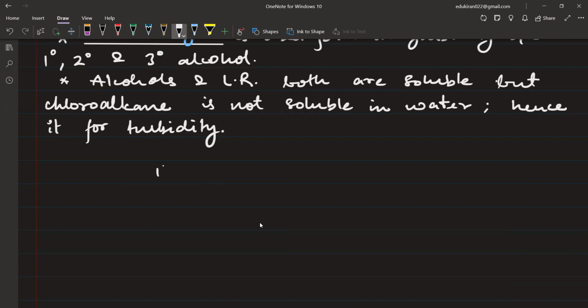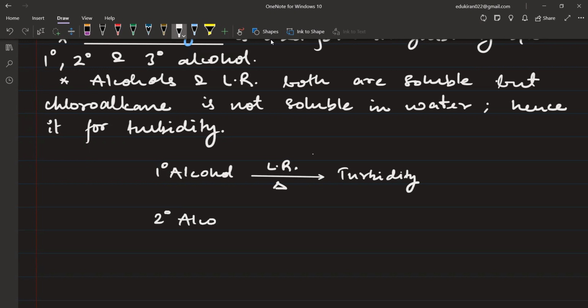So as we have already known, 1 degree alcohol in the presence of Lucas reagent is going to show turbidity, but there should be heat present. Lucas reagent and heat. So 1 degree alcohol requires heat. 2 degree alcohol in the presence of Lucas reagent will also give turbidity, but after some time.